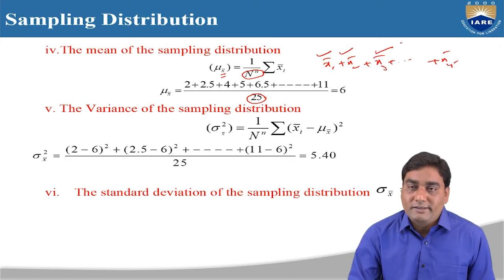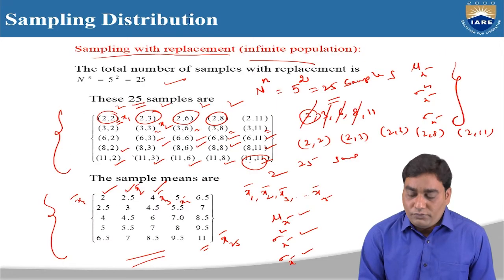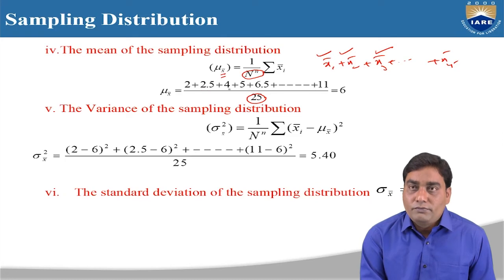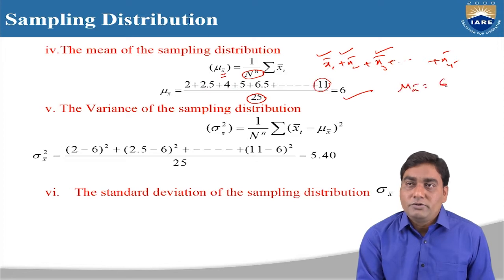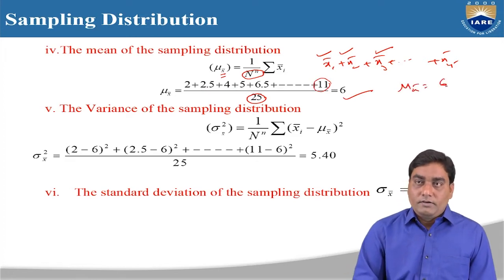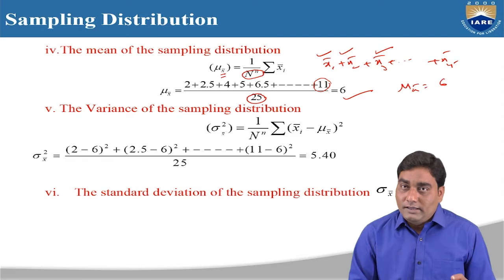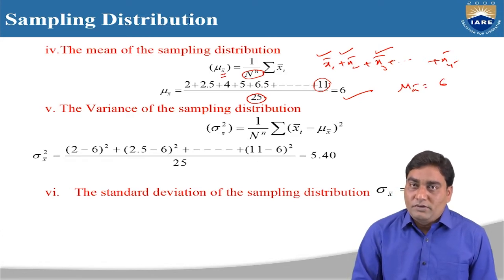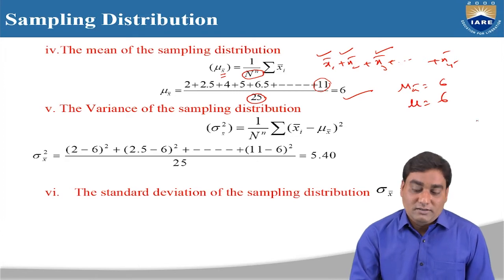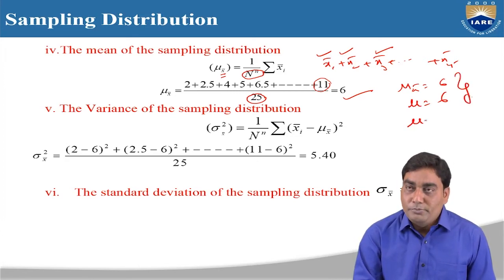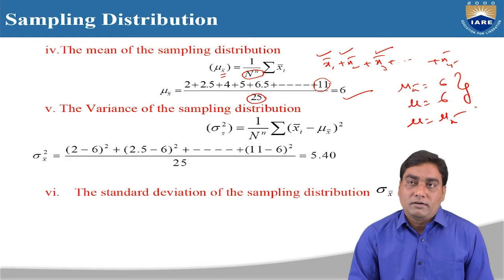In the previous slide we got 2, 2.5, 4 like that. So 2, 2.5, 4 and so on up to 25 sample means, 150 by 25, we got 6. Mu x bar is also 6. And in this problem, the first part, the mean of the population, we also got 6. So both are the same. So mu equals mu x bar.